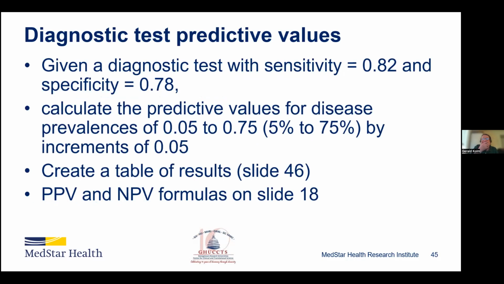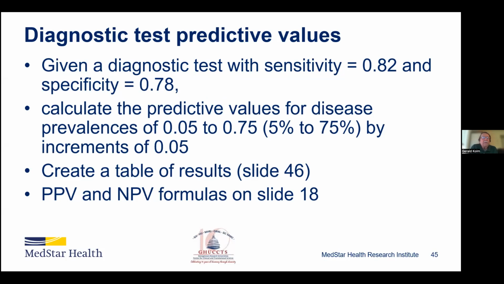And then I wanted to give you an assignment here that I don't think William has set up. It's an exercise to program in Python: use a diagnostic test that we know has a sensitivity of 0.82 and a specificity of 0.78.